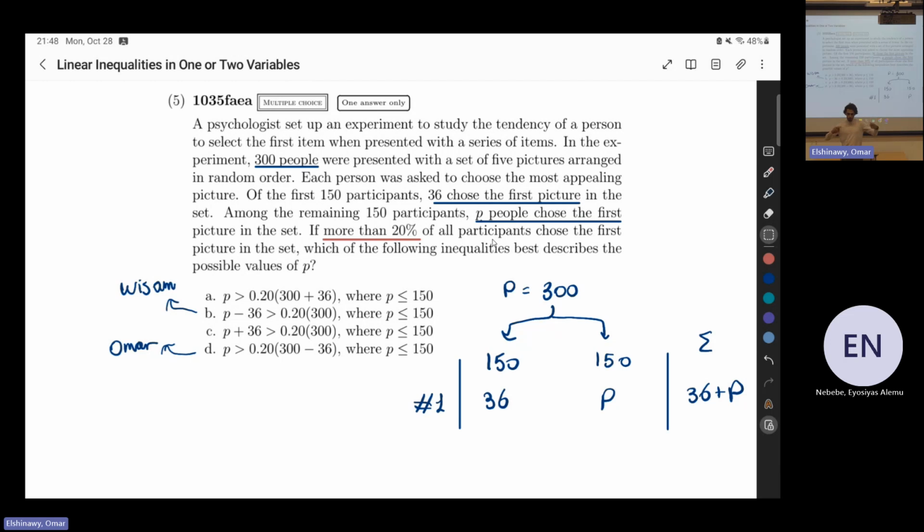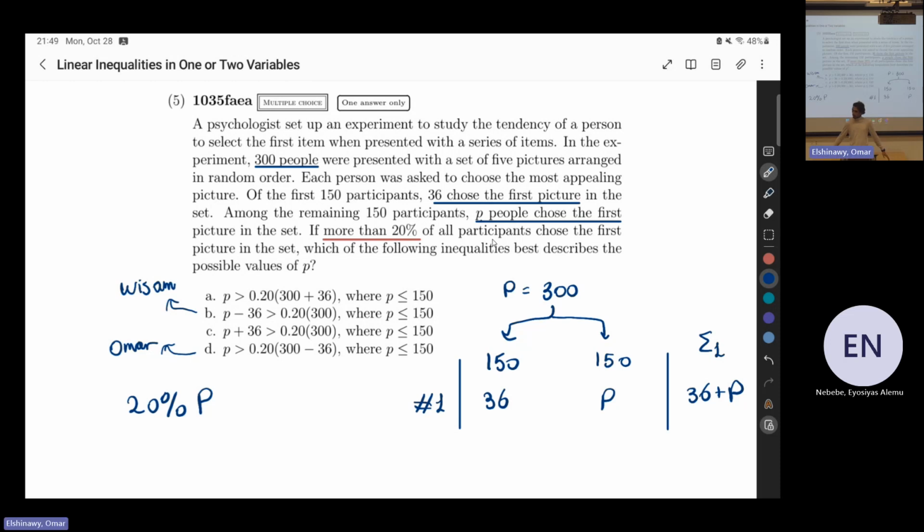Or if I reformulate this, more than 20% of all participants. Now, if I call this sigma 1, the count of people who chose the first picture, this is just notation. I hope it's not scary. But it's 20%.